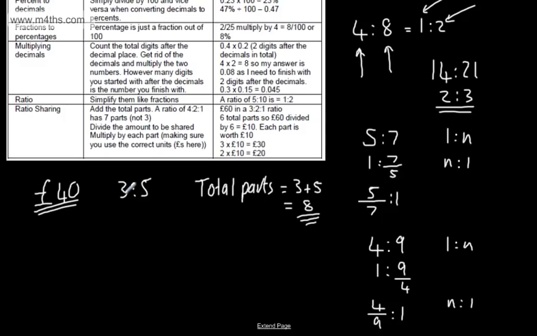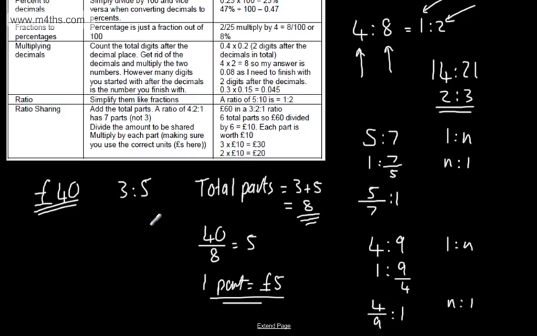So there are 8 total parts. I'm going to have 3 parts, you're going to have 5 parts. So what we do is take the £40 and we divide it by the number of parts, and that gives us 5. So we can say 1 part is equal to £5. So I thought to myself, I've put this money in 3 piles and 5 piles of equal amounts. How many total piles have I got? I've got 8 piles.